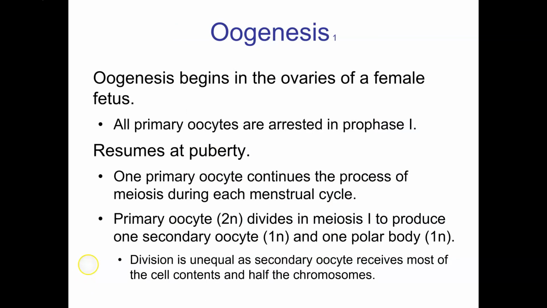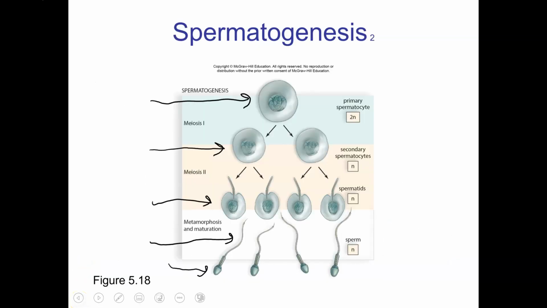So really quick, I'm going to go back one more thing. This process of maturation of sperm is called spermiogenesis, and that occurs in the epididymis.